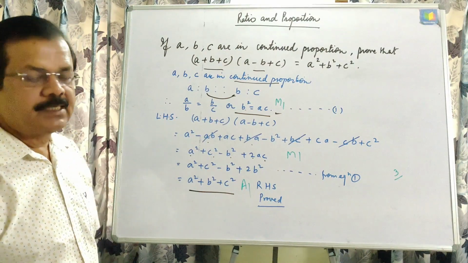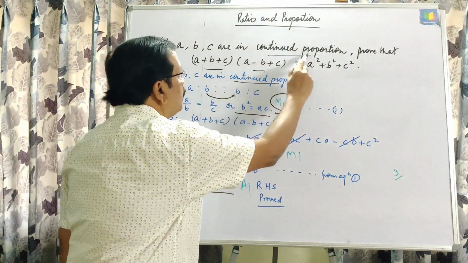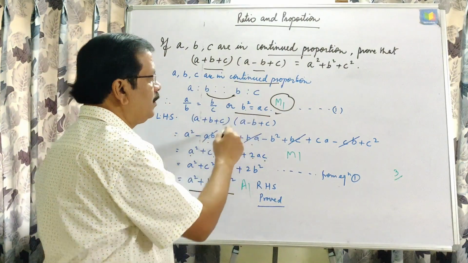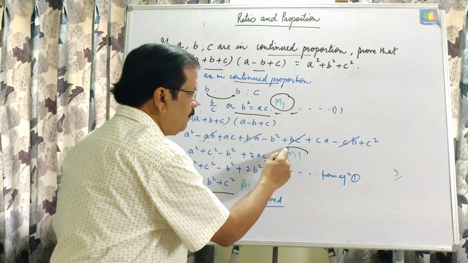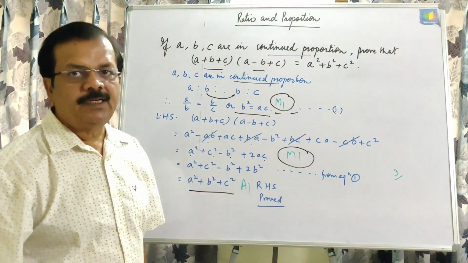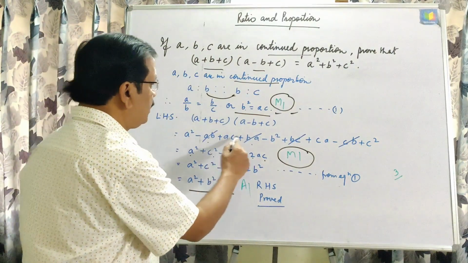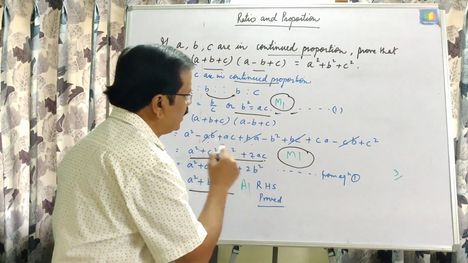As far as the marking scheme, first the method mark will be given if you know about continued proportion, and this is the method for continued proportion. Second, M1 is allotted for simplification, meaning you multiply correctly and, after cancelling, write the line correctly.